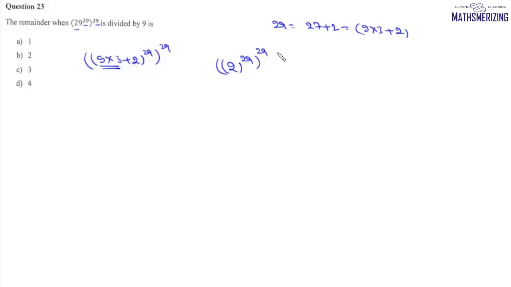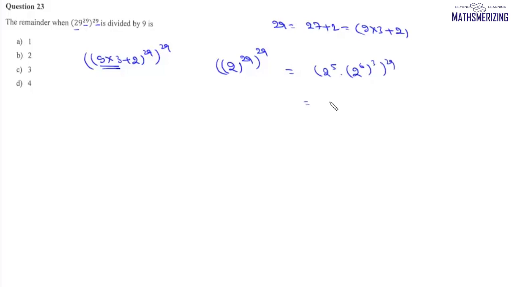Now for the powers of 2, we need to find a number which is close to any multiple of 9. So we know that 2 to the power 6 is 64, which is 63 plus 1. So we can actually write this as 2 to the power 5 into 2 to the power 24, which is (2 to the power 6) to the power 3 to the power 29.